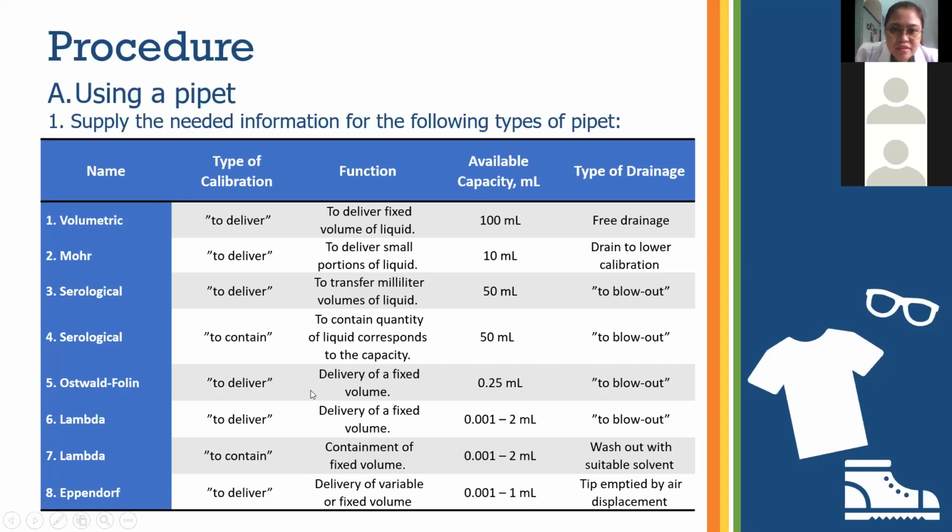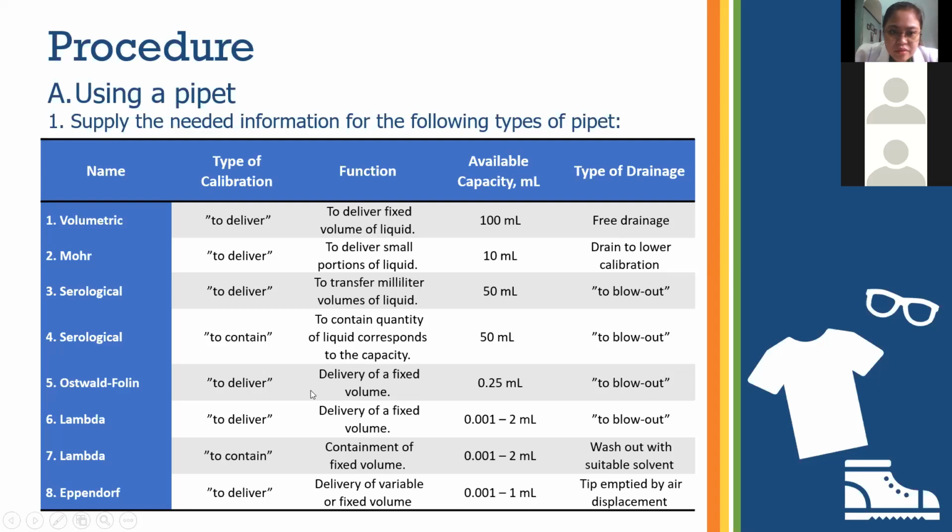It is also used in containing volume. To contain a quantity of liquid corresponding to the capacity, which is 50 ml, and its type of drainage is to blow out. Fifth is the Ostwald-Folin, to deliver a fixed volume with the capacity of 0.25 ml, and its type of drainage is to blow out.